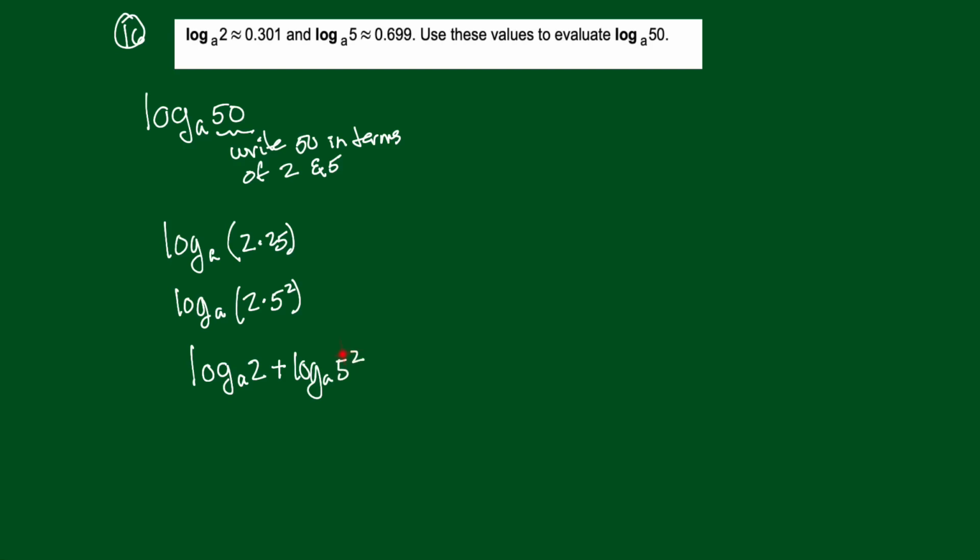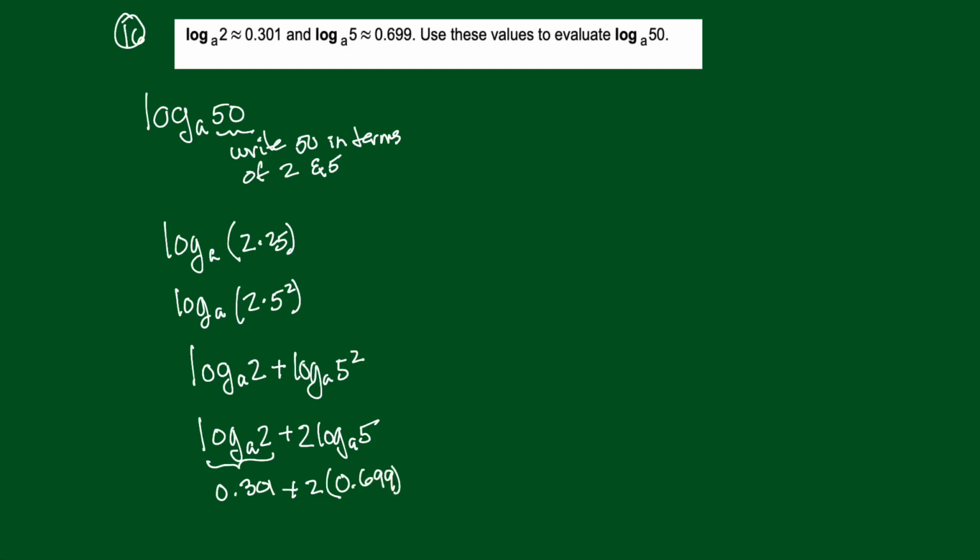Then I've got an exponent here, a power, so I can bring that down as a multiplier. So now I can write this as the log base a of 2 plus 2 times the log base a of 5. Now I've got these values. The log base a of 2, given at the top, is 0.301, or close to it, plus 2 times the log base a of 5, that's given as 0.699.